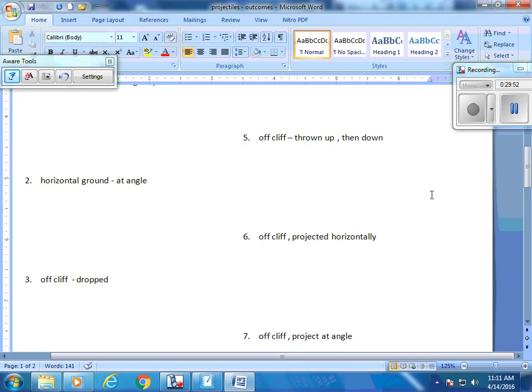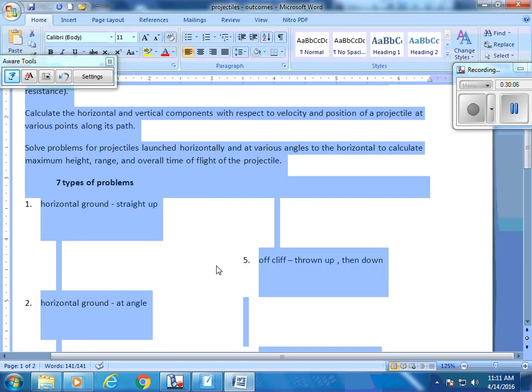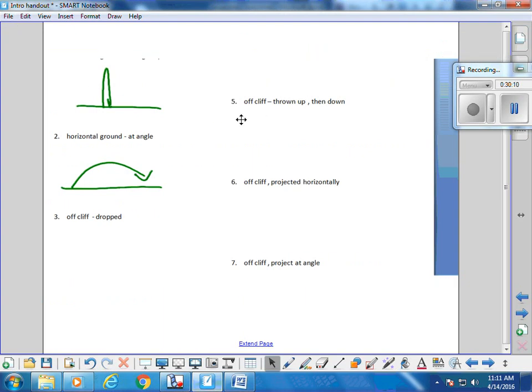Nick, you got this one? Yeah, right there. Perfect. Okay, let me see if I can get this straight again here. I'll put it on. Let's do this. Oh, it's right there. Okay, perfect.